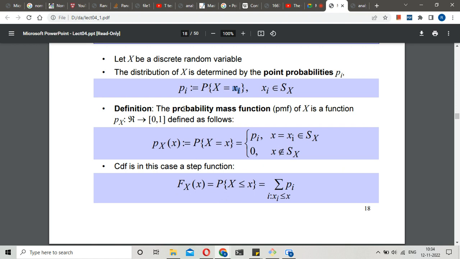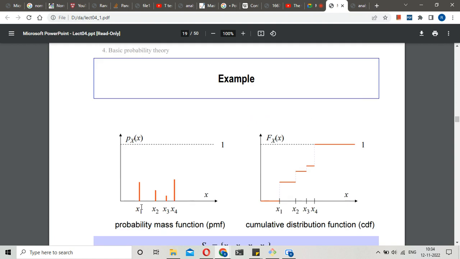And the idea of the probability mass function is that you are plotting these values for all the xi's. If you plot them, it will come into some graph, and if you do it as a step function, we call this the summation till xi. Yeah, this is some probability. So on the left hand side is the probability mass function.